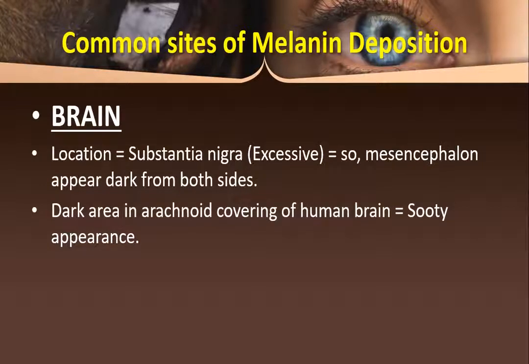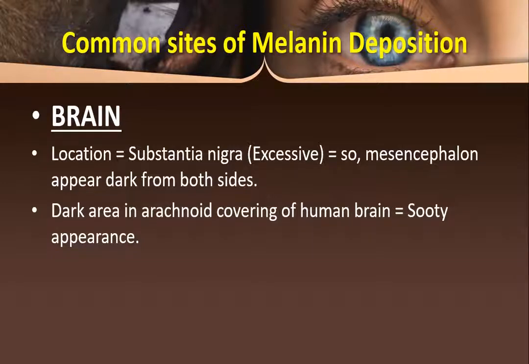Then if we talk about melanin deposition in the brain, first of all, substantia nigra is a site where melanin is normally present, and in very large amounts, so that the mesencephalon appears dark from both sides. Okay, these are actually anatomical parts of the brain. If you don't know the substantia nigra and mesencephalon, then go and study an atlas of anatomy first.